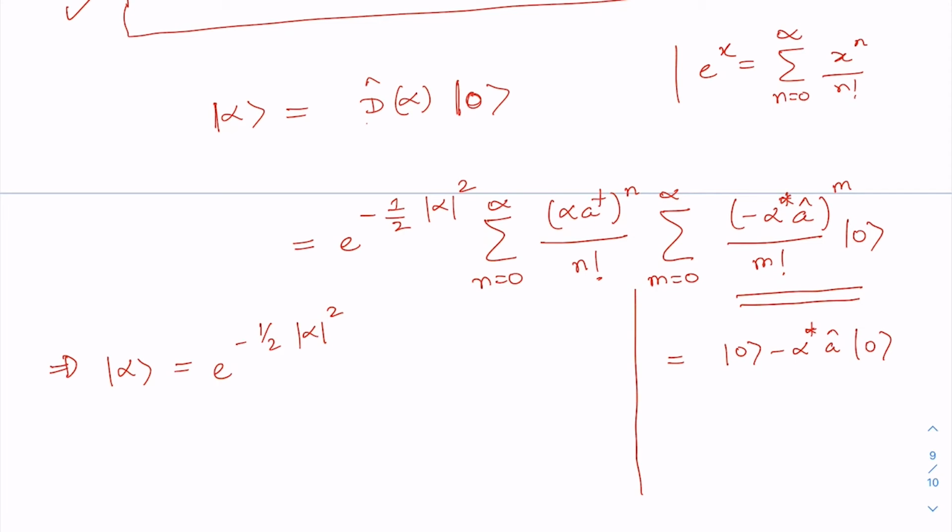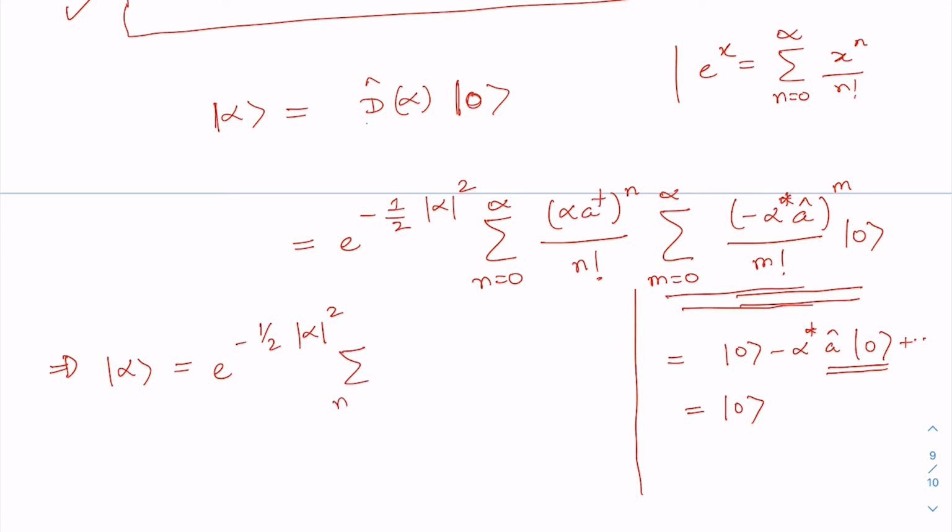Now because you know that the annihilation operator, when it operates on the ground state, is going to give you 0, and similarly for all other terms, ultimately you will be left with only ket 0. So this summation is going to give me simply ket 0.